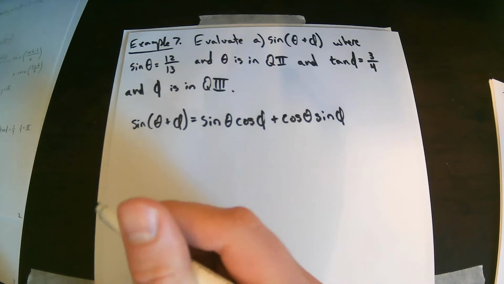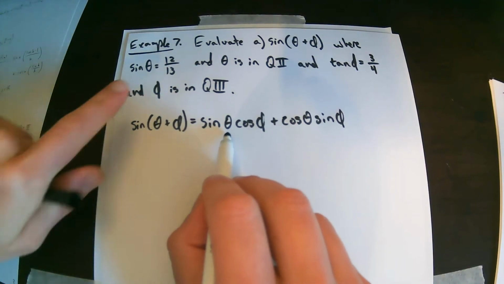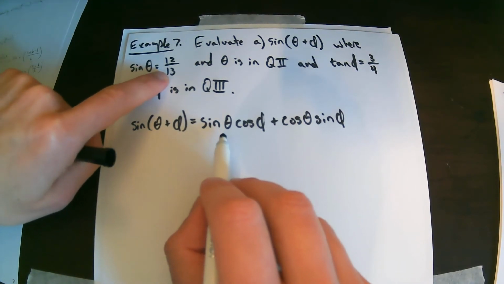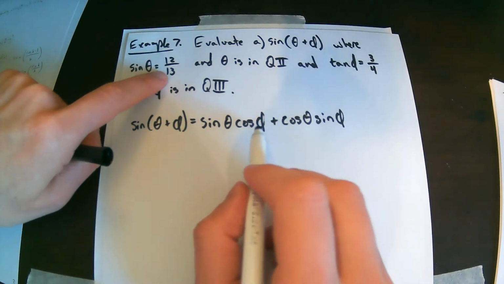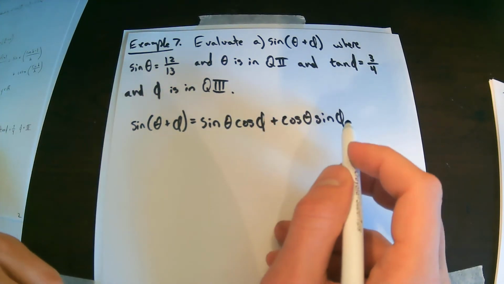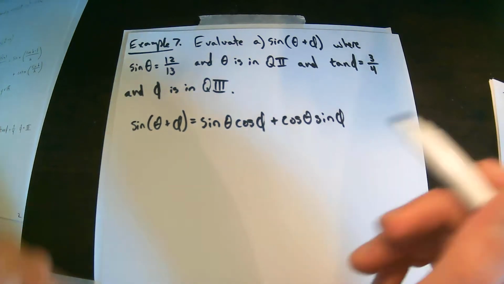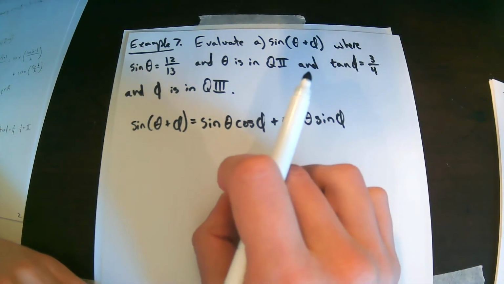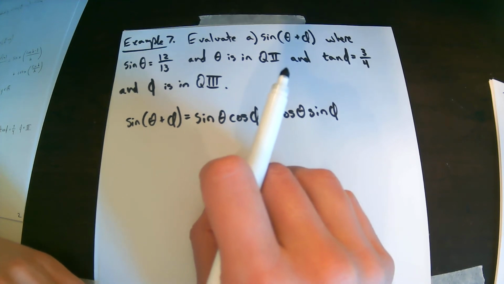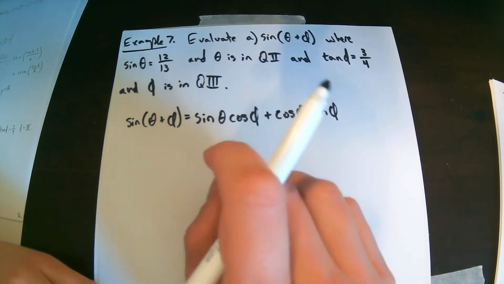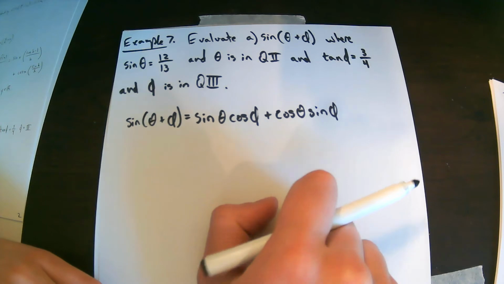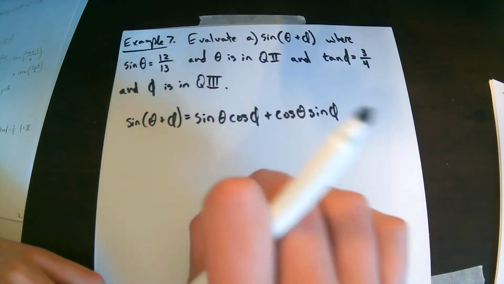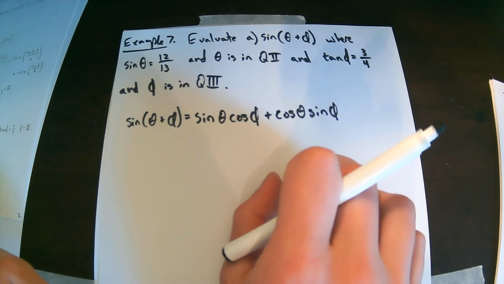And then we're going to realize, oh, well, I've got sine of theta, it's 12 over 13, but I don't have cosine of theta, and I don't have cosine of phi or sine of phi. So the idea is we're going to draw the triangles again and find these missing sides, but we're not going to have to go through the algebra of finding those missing sides with the Pythagorean theorem just in terms of x and y. We're going to have actual numbers to deal with here.